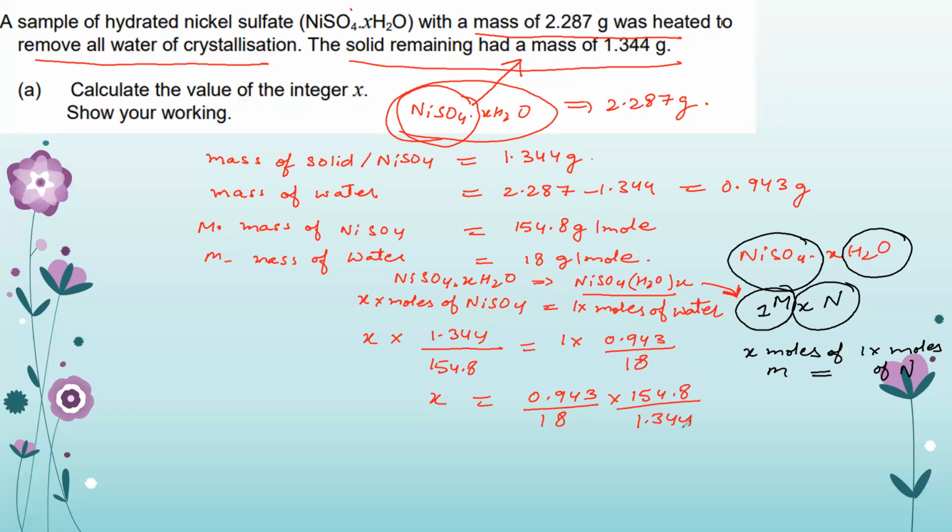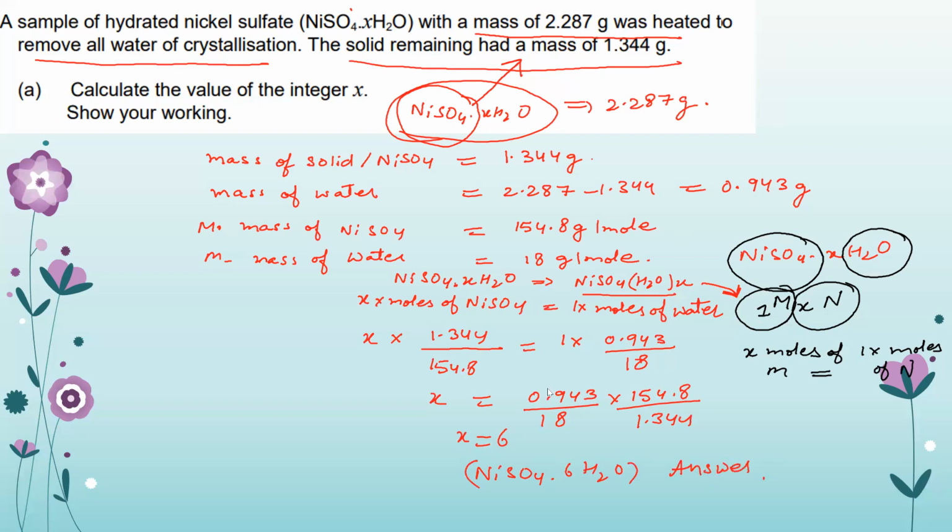So solve it and you will get X equals to 6. So what would be the formula of the compound? Formula would be nickel sulfate dot 6H2O. This is the answer.